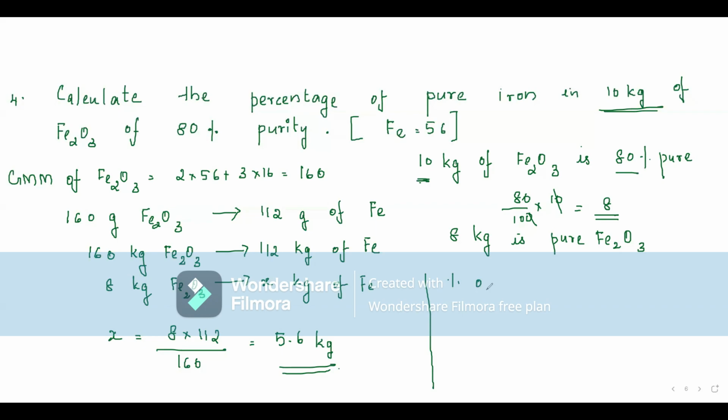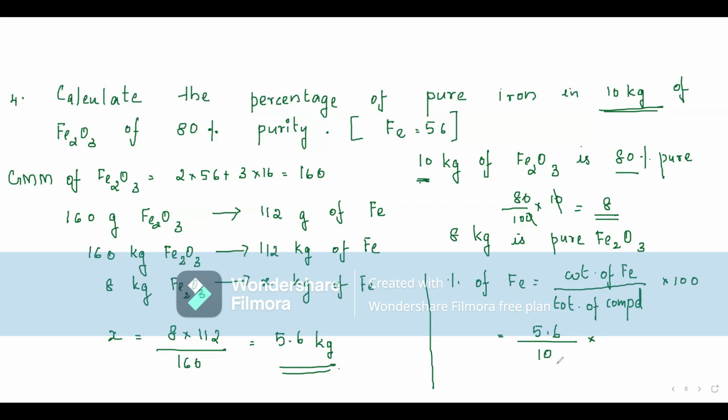Now, percentage of Fe is equal to weight of Fe by total weight of the compound into 100. What is the weight of Fe? 5.6. What is the total weight of the compound? 10 kilogram, the impure one.